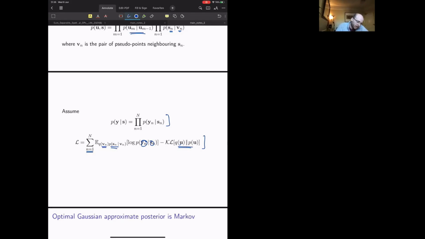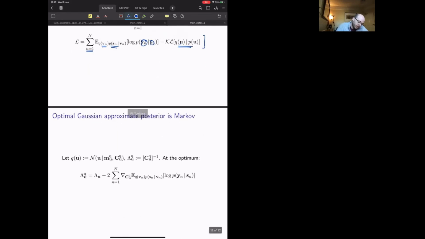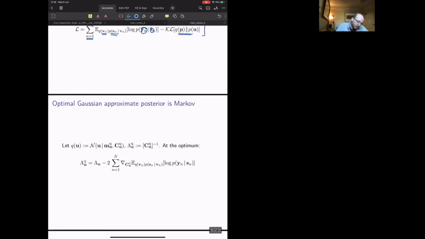But the really interesting property is that it tells you that the optimal approximate posterior precision matrix is block tridiagonal, which means that the optimal approximate posterior is Gauss-Markov, Markov because it's obviously Gaussian, since we said it's a Gaussian.